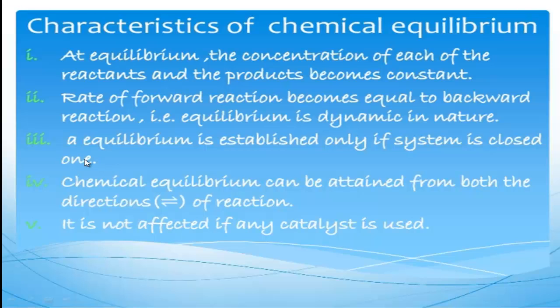The meaning of this line, system is closed, is actually that our reaction system should be closed. Why? Because if any gaseous products are present and the reaction system is not closed, then if any gaseous product flies away, backward reaction is not possible from this open system, because for backward reaction to occur all products must be present there.